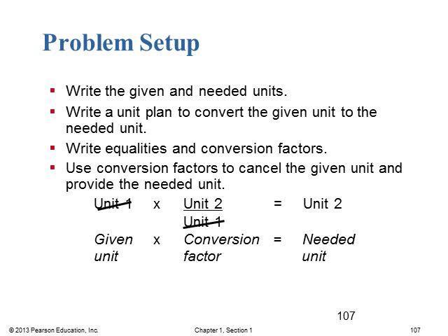When you set up your problems, you're going to write the given and needed units, and set up a plan for what needs to cancel out in your problem and how you can keep the needed unit.